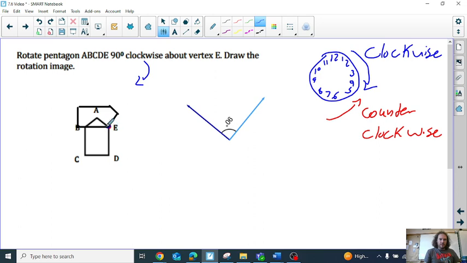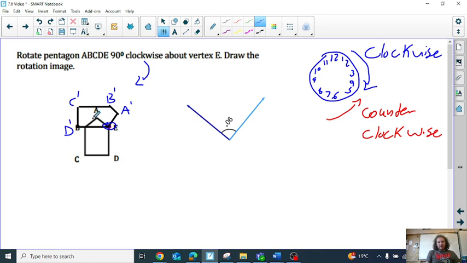E is still going to be here, but points A, B, C, and D will have moved, rotating around that point E. And usually the notation we use to denote something that's moved to a new spot is this little apostrophe: A prime, B prime, C prime, D prime. To say that these are not the original points A, B, C, and D, but instead the new points A, B, C, and D.